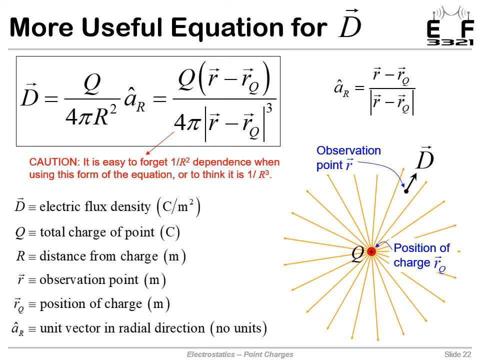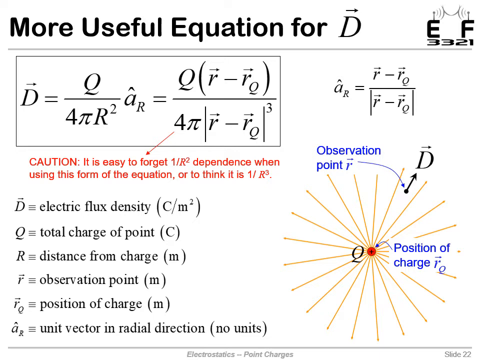Now we're going to do calculations with this equation, and there's a different way to write it that I think makes the calculations a little bit easier, but is also a bit misleading. It's not incorrect, just it can be confusing. So over here we have our unit vector in the r direction divided by r squared. And that was very simple, and we could look at the equation, we could see there's a 1 over r squared dependence, but it's maybe a little bit more abstract than we would like when we go to do a calculation.